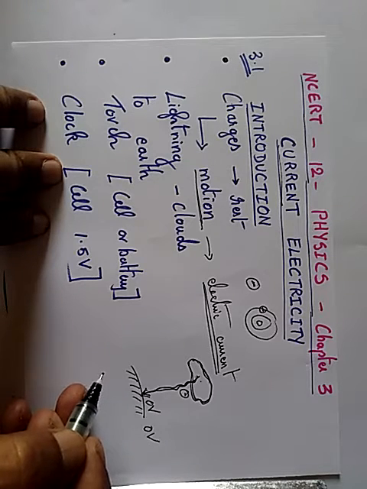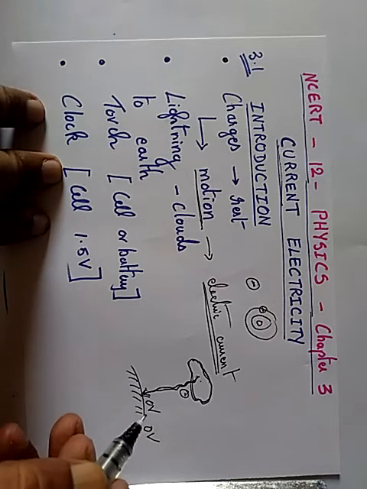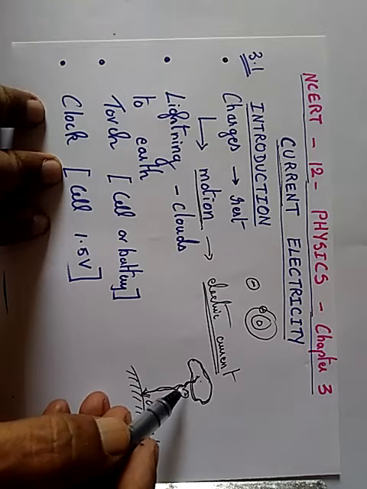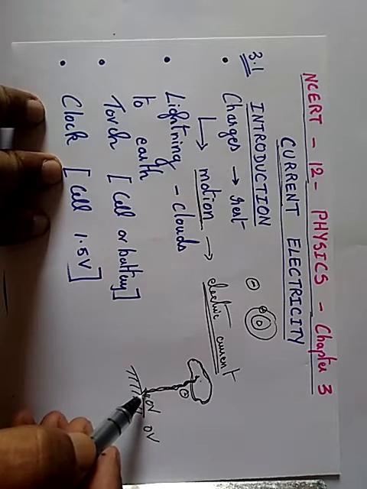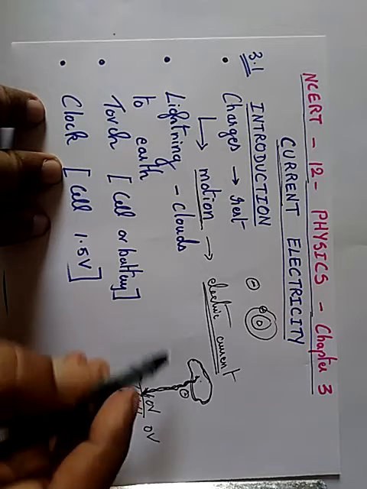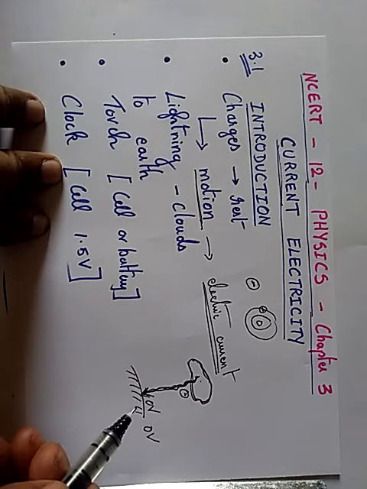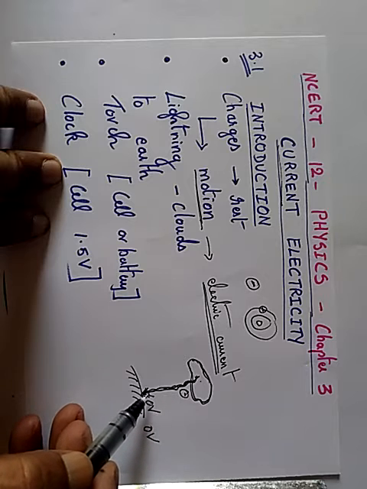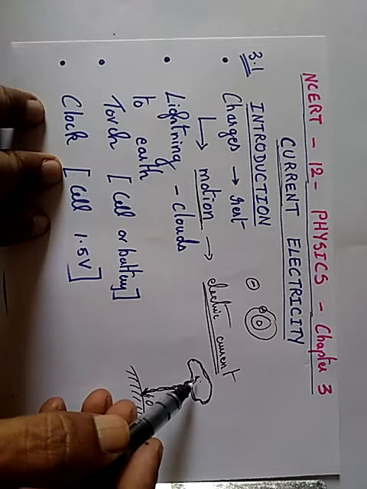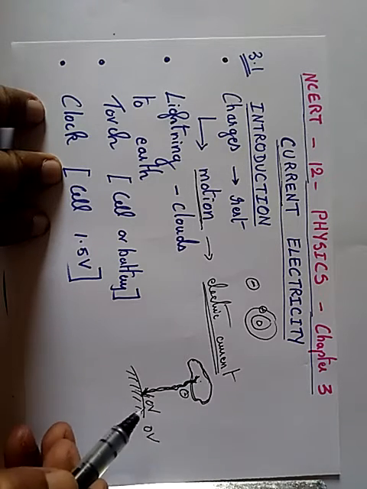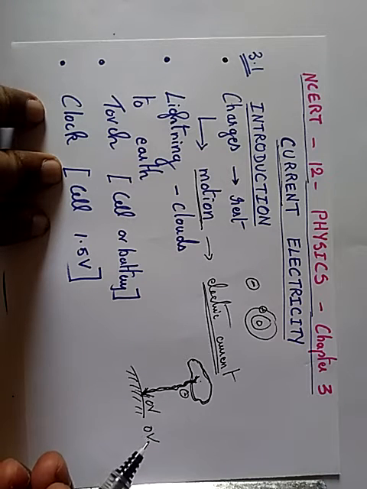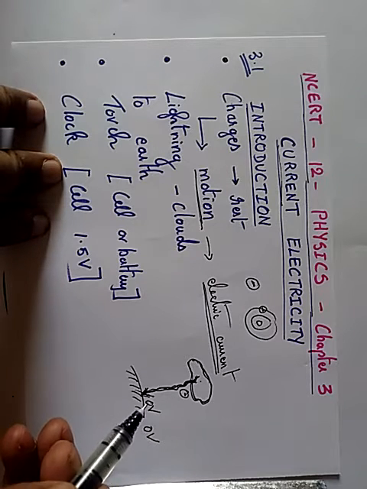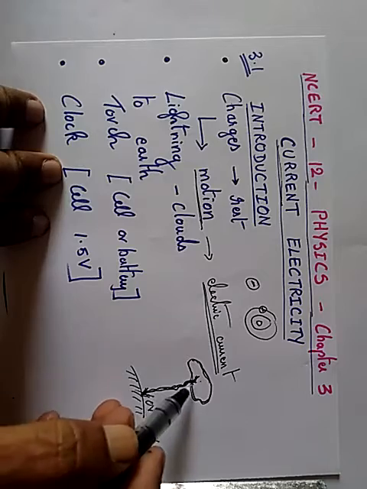The flow of charges in lightning is not steady. Steady current means the value has to be always constant. Sometimes the value will be very high, and from the origin to the ground it will take different values. That's why we say it is not a steady current.